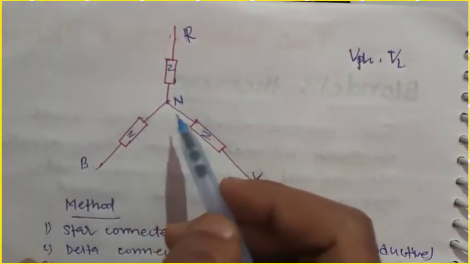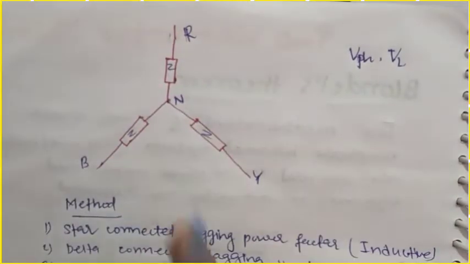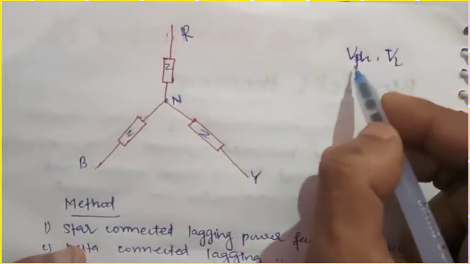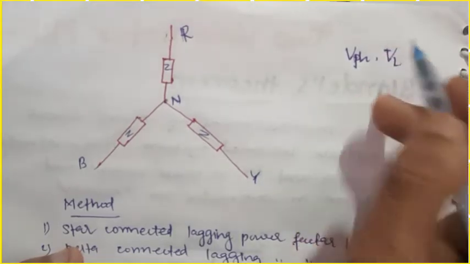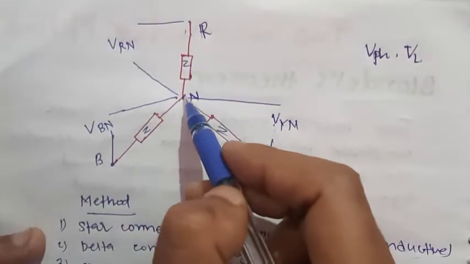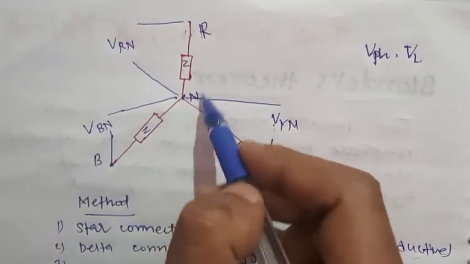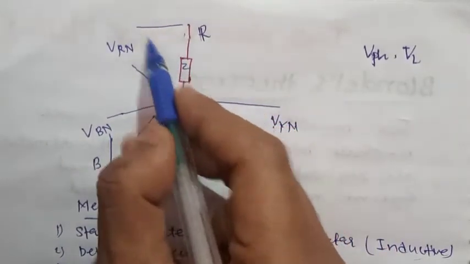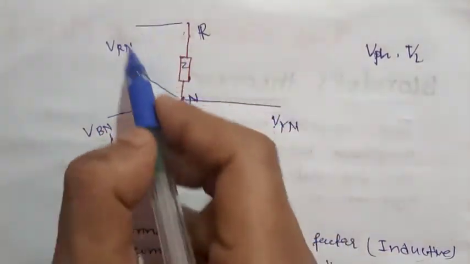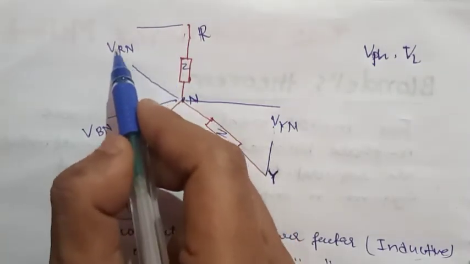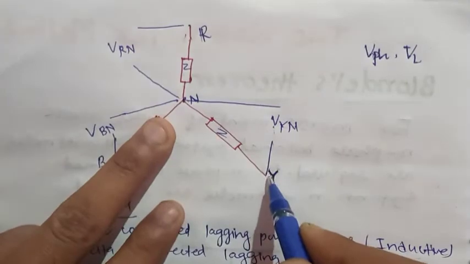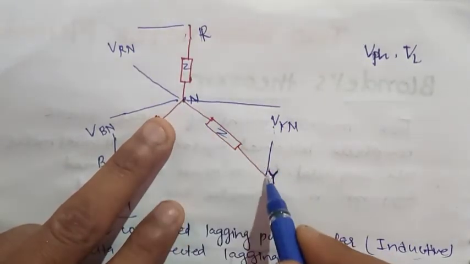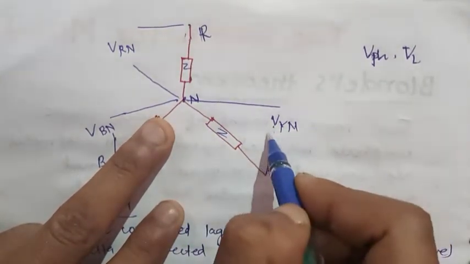See here, this is a balanced load star connection. Then we have to know what phase voltage is and what line voltage is. These are 2 points, R and N. This is the neutral point. We have to measure the potential between these. The voltage will be VRN, and similarly the voltage between point N and point Y will be VYN.